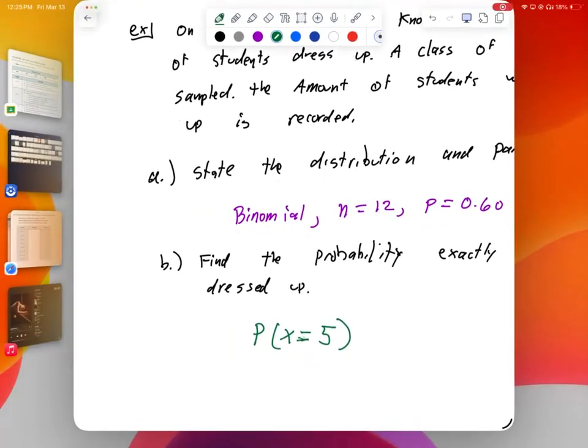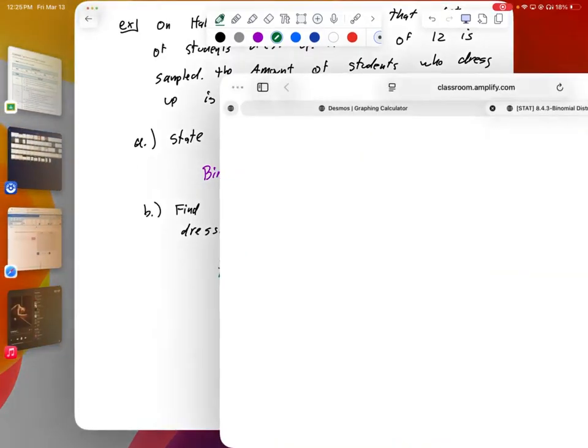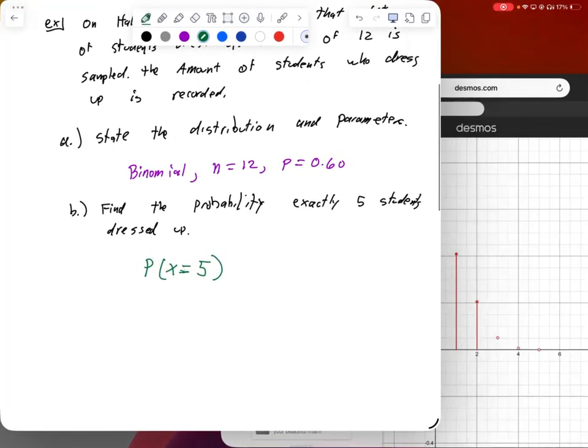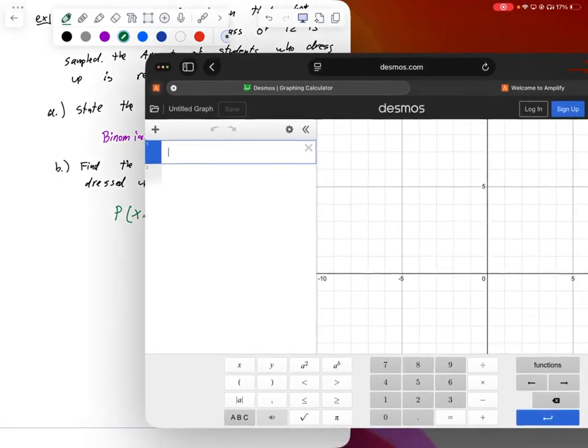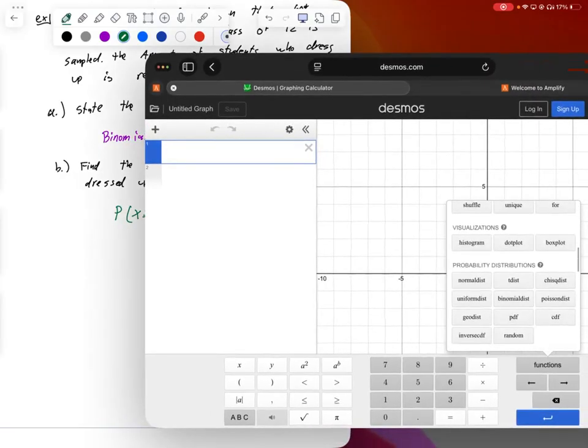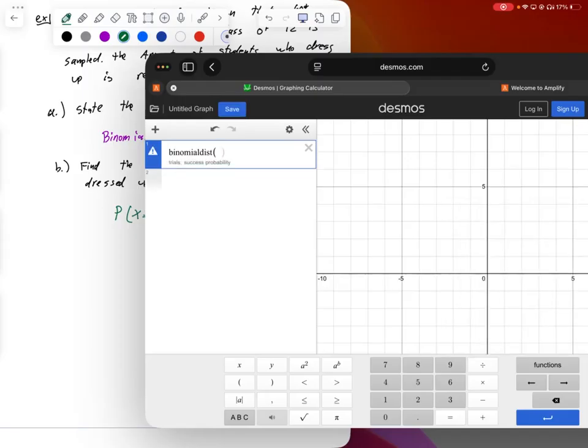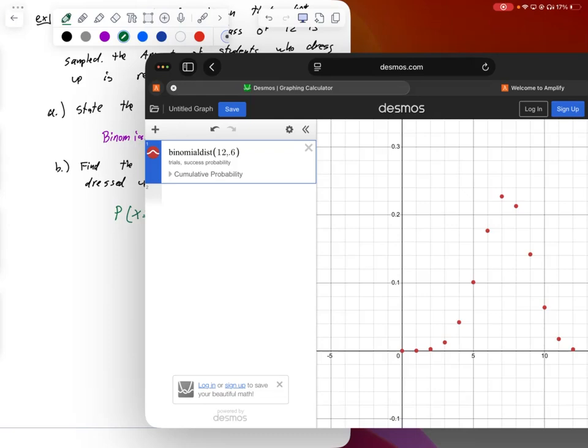So let's look at our calculator. On my Desmos graphing calculator, I'm going to find the function for binomial distribution. I could type it in, and in this case it's 12, comma 0.6. And I'm finding 5, and so there's the answer for 5 right there.